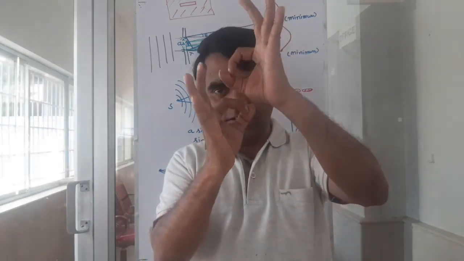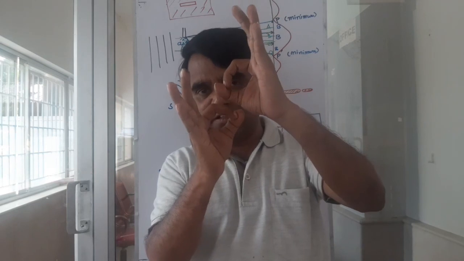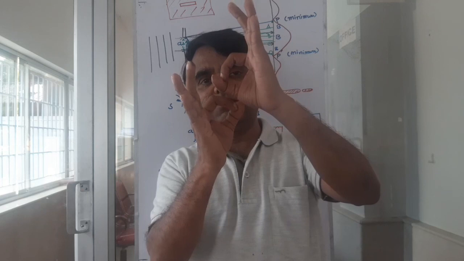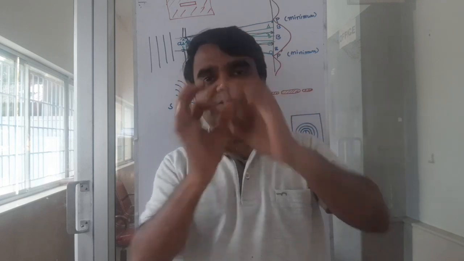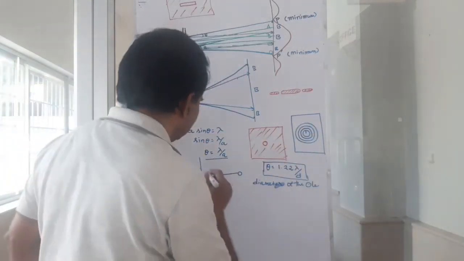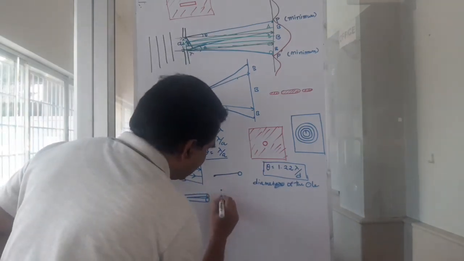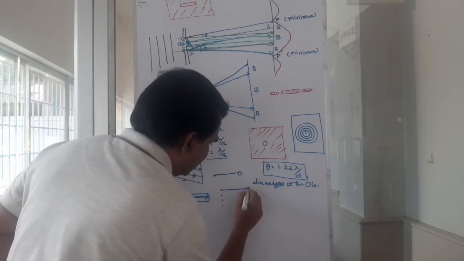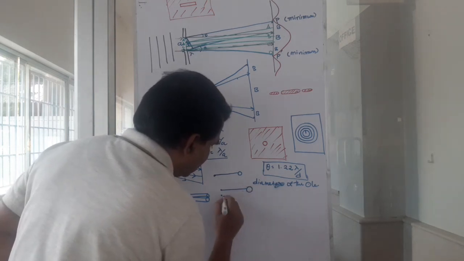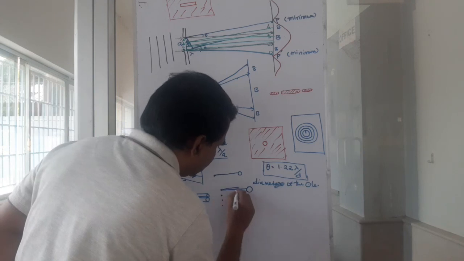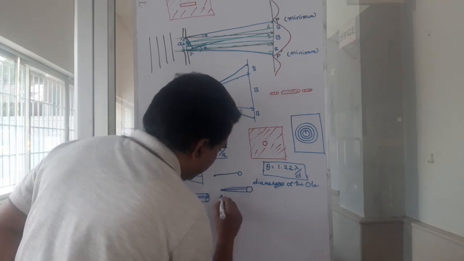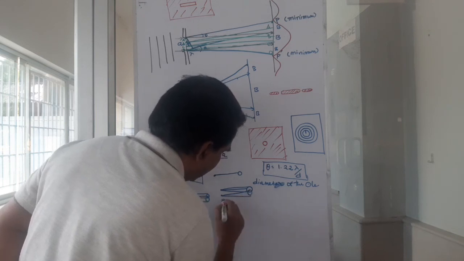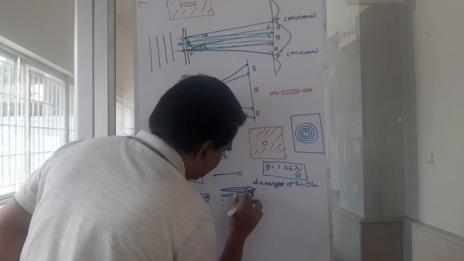But if it is separated well enough, then yes, it may be a circle, but you will still be able to see the two points clearly. So the smaller the circle, the greater the number of points you'll be able to see clearly. Suppose this makes a big circle, and let's say it's like this.